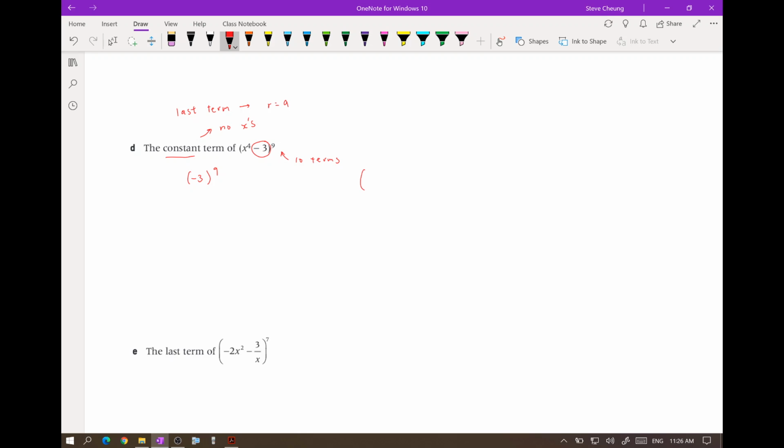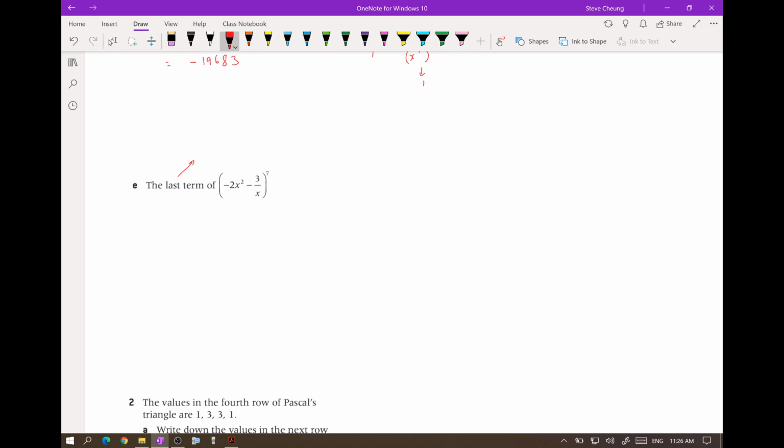So if we use the formula, it will look like this. 9 choose 9. x to the power of 4 all raised to the power of 9 minus 9. Negative 3 raised to the power of 9. But then you see that this is exactly 1. This is exactly 1 as well. So you're only left with this term, which is what I wrote down ultimately here. So for the constant term, it's quite straightforward. You can just extract the last term and raise it to its full power, which is 9.